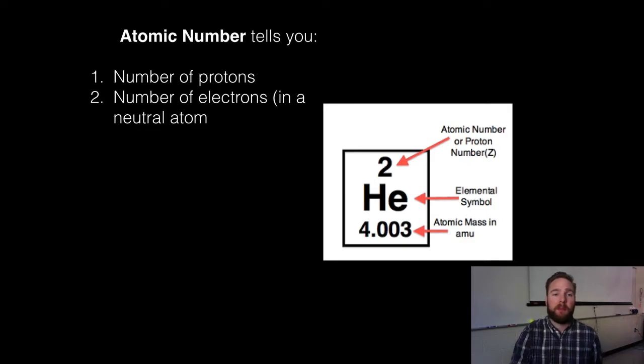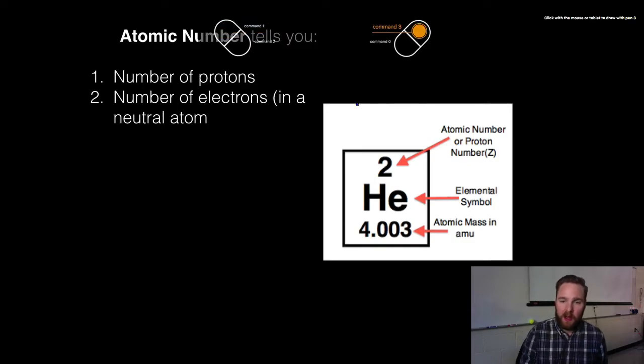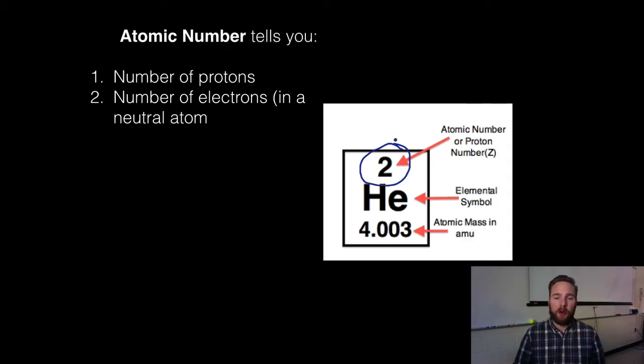Let's talk about how this looks on the periodic table. We have 2 numbers on the periodic table, and both of them are really important. Our first number is called the atomic number. And what does this number tell you? It tells you the number of protons. So helium, as we see right here, has 2 protons.